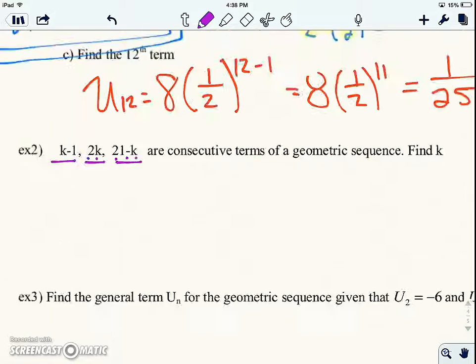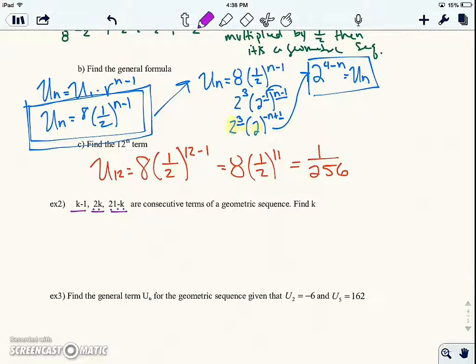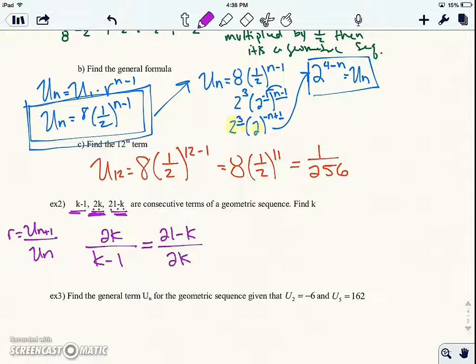So we're going to use our formula, which was r equals u to the n plus 1 over u to the n, which again means it's one of this one divided by this one, and this one divided by this one. And we know that they have to be the same. So we know that 2k over k minus 1 is the same as 21 minus k over 2k.